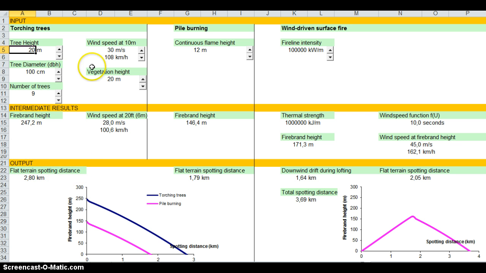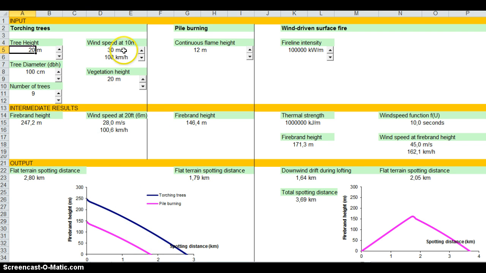You can also have the same general model that was also developed by Albini for continuous flame height of piles burning, and here the input is only the flame height itself. And so firebrand height is estimated from the flame height, and then you can have a spotting distance based on that value.